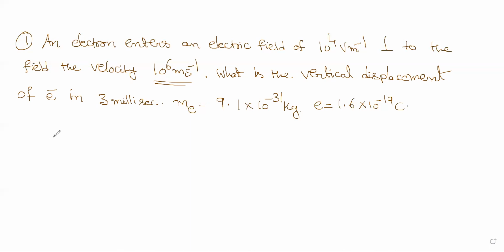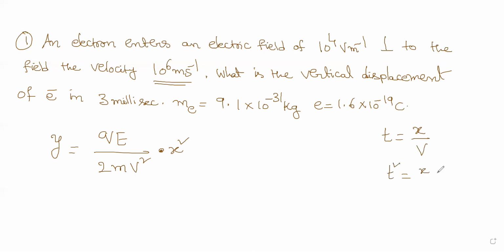So vertical displacement y is given by QE by 2mv square into x square. This is the required equation. Now we have one thing here: the time is x by v, so x square by v square can be substituted as t square.